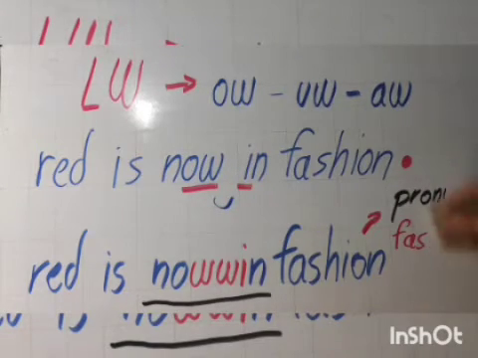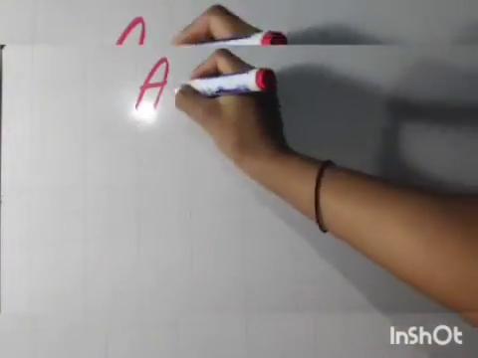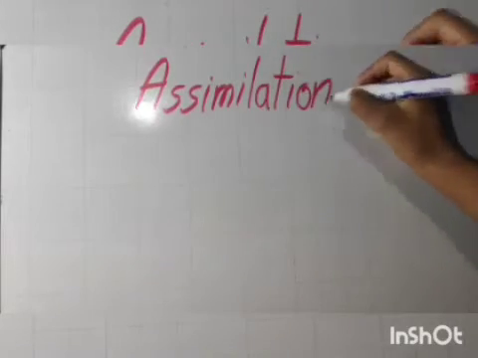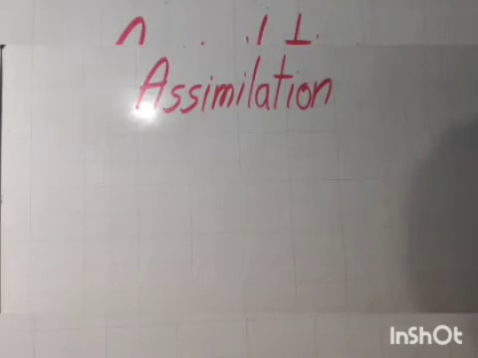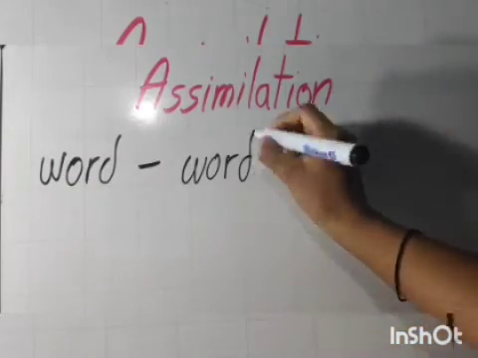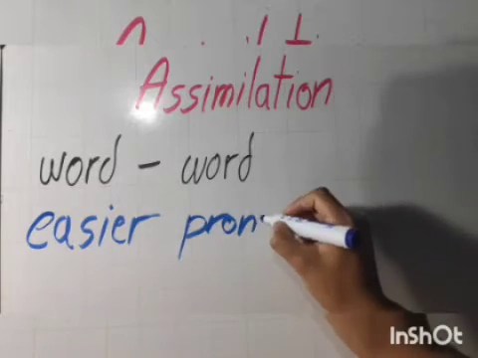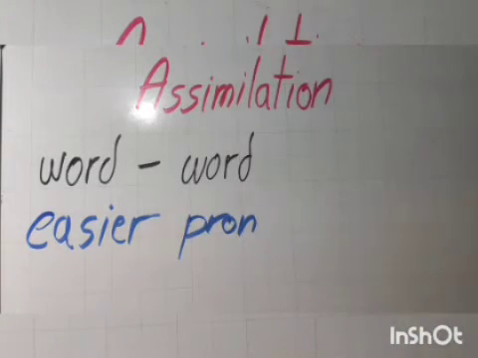Okay, let's talk about another interesting topic about suprasegmental features. In assimilation, we blend or link words similar to linking, but in this case, we have an easier way to pronounce the words.